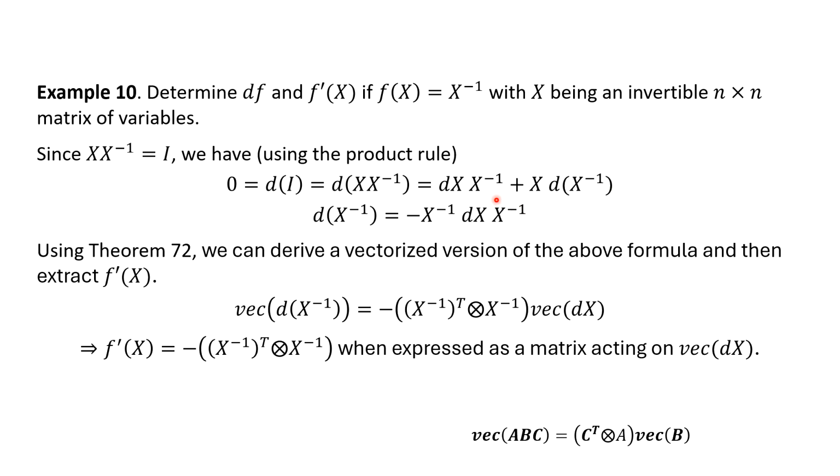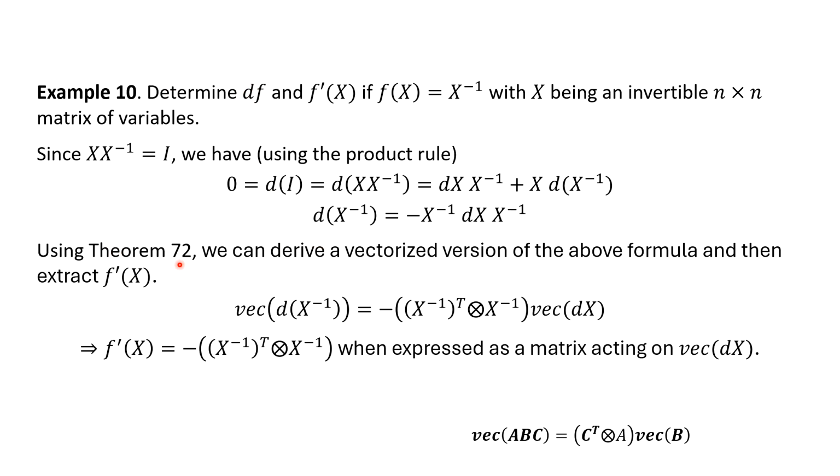And then we can just multiply by x inverse on the left and then subtract to the other side to isolate this term here, and we get this. So that is the differential of our function, df.